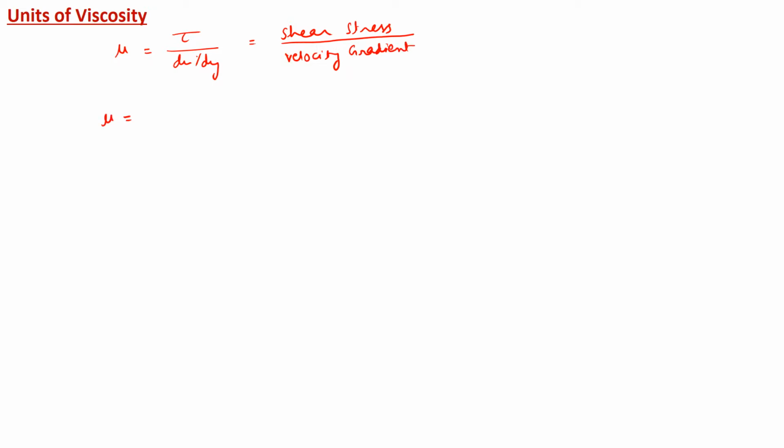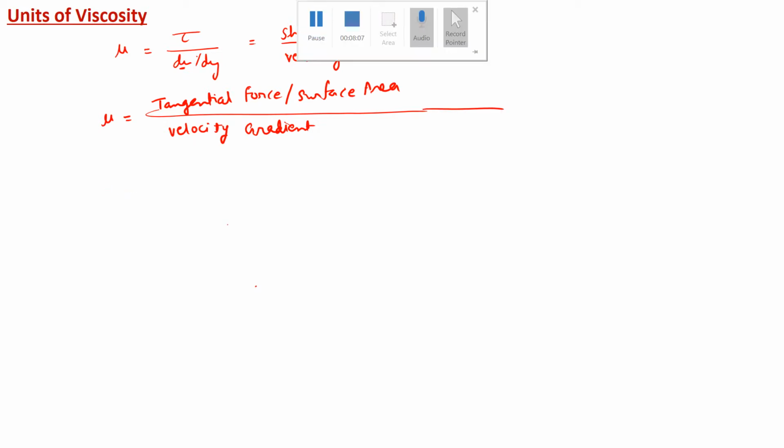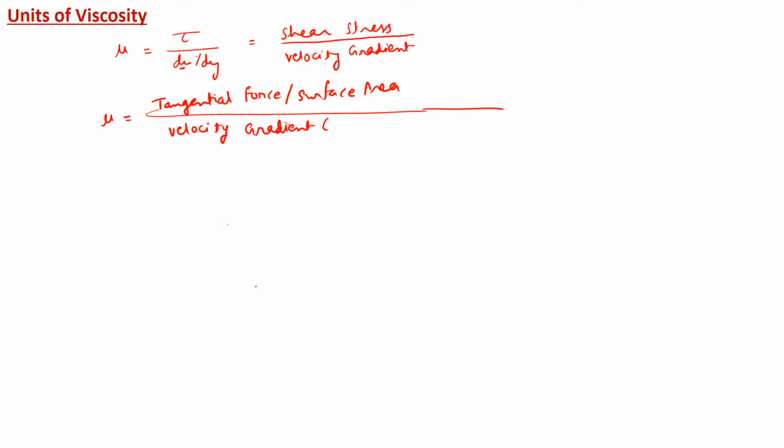So mu can be written as: shear stress is given by tangential force per unit surface area to which the stress is being applied, and velocity gradient is measured as velocity per unit length.